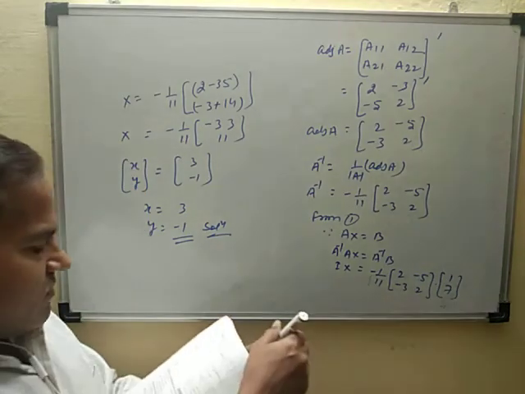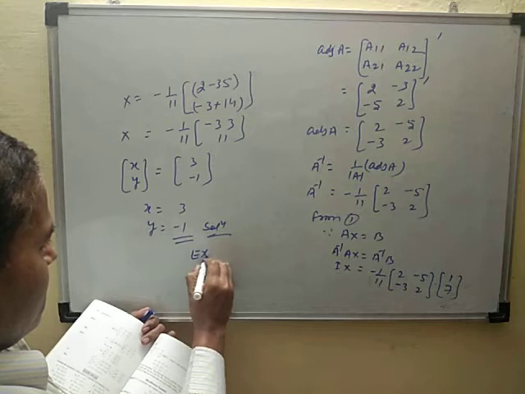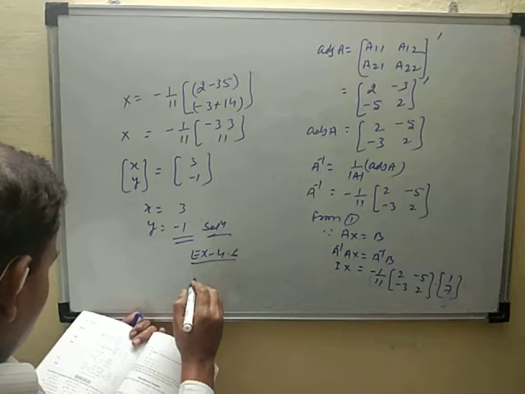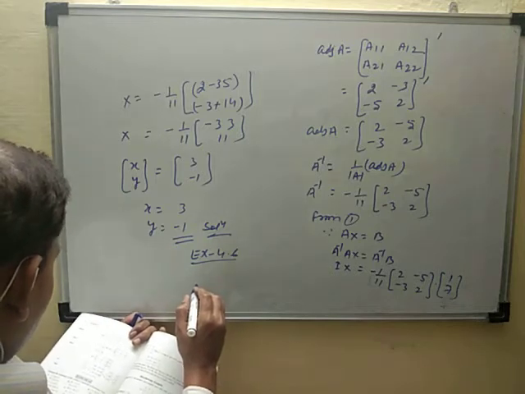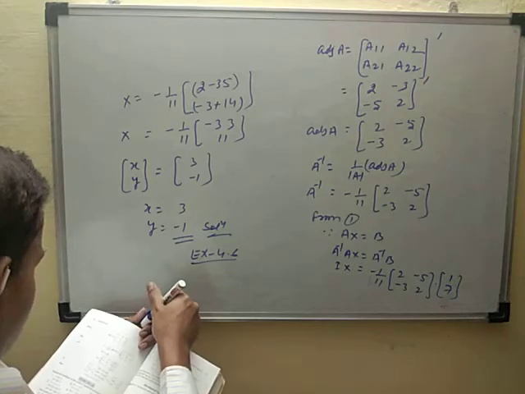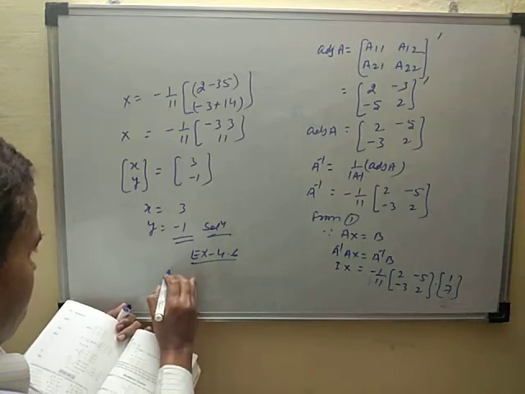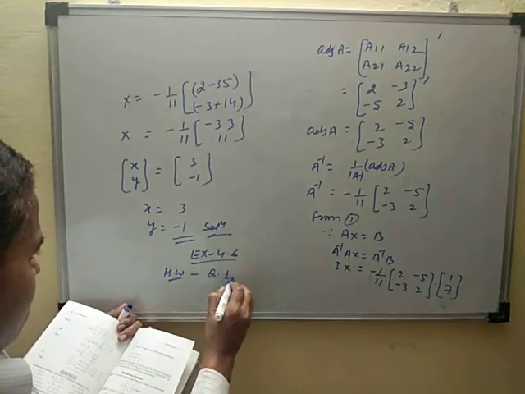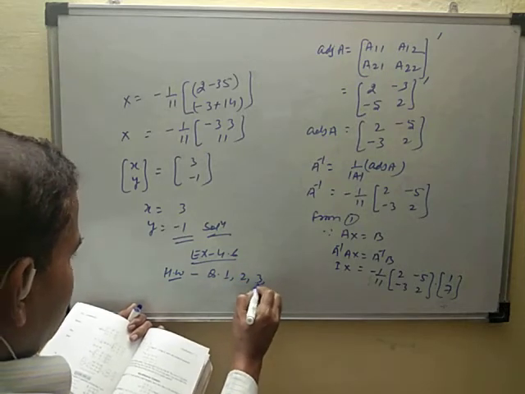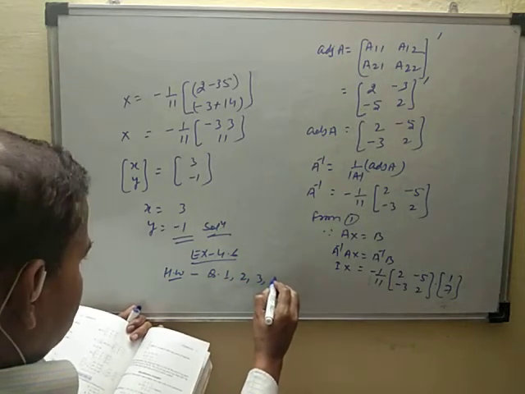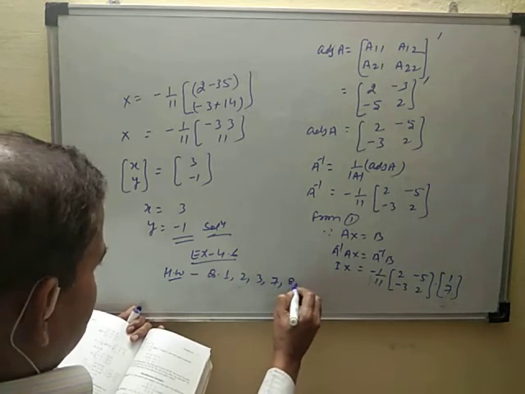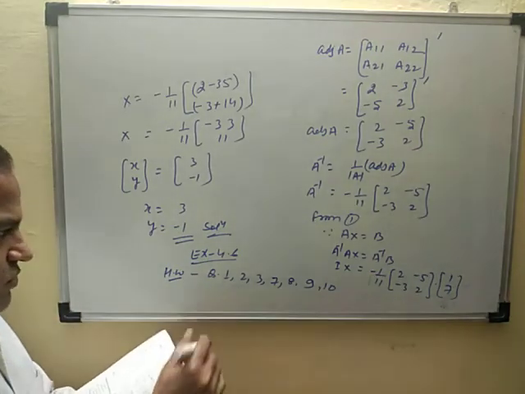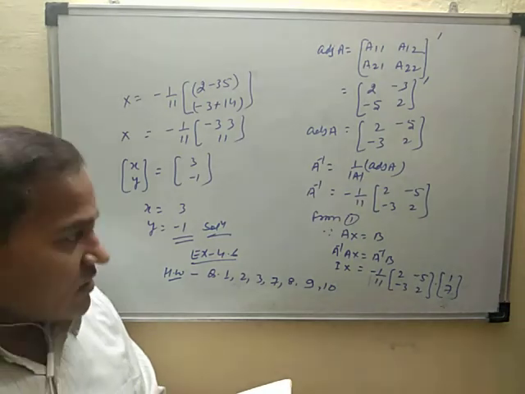So now exercise 4.6, question numbers 1, 2, 3, and 7, 8, 9, 10. होमवर्क है, question numbers 1, 2, 3, next 7, 8 and 9 and 10. So 1, 2, 3, 7, 8, 9 and 10. These are the homeworks.